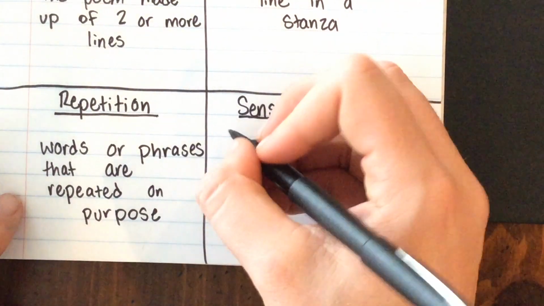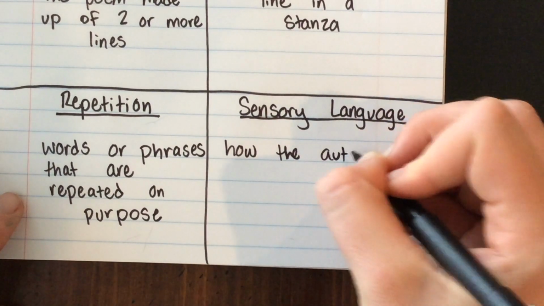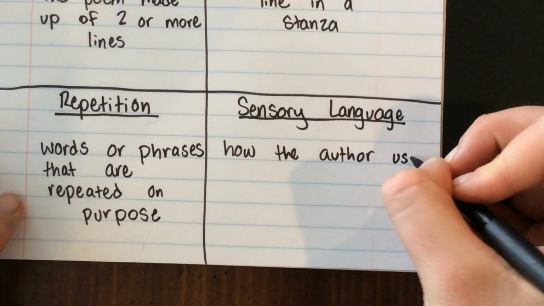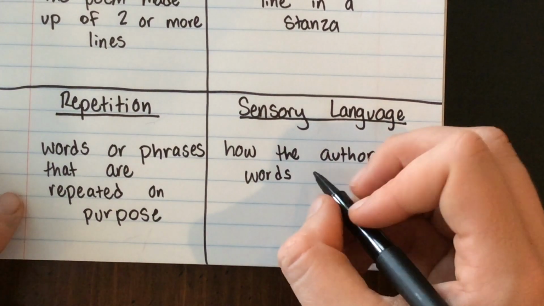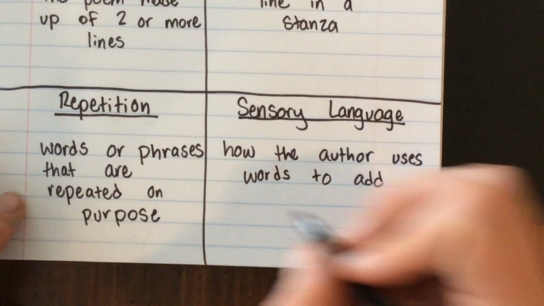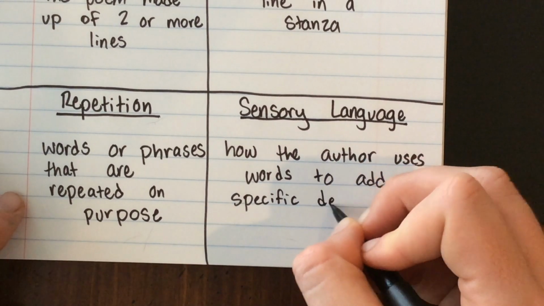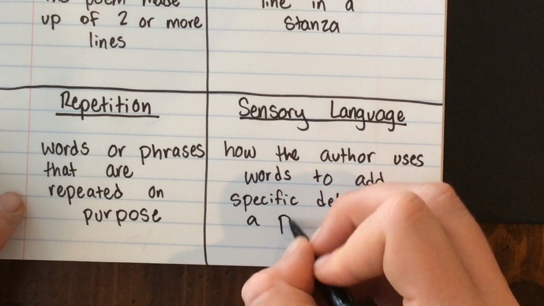And this is how the author uses words to add specific details to a poem.